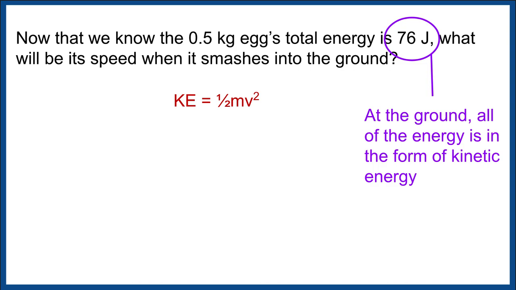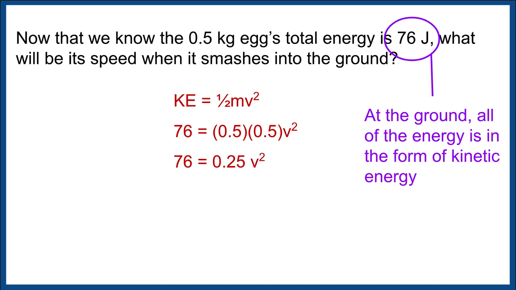And so we can start with the kinetic energy formula and fill in some of the things we know. We know our energy value. We know the 1/2, because there's a 1/2 in the formula. That's the first 0.5. And then there's a second 0.5. That's the mass of the egg. And our unknown is V. Now the V is squared in this formula, so we're going to have to do a little bit of algebra here.